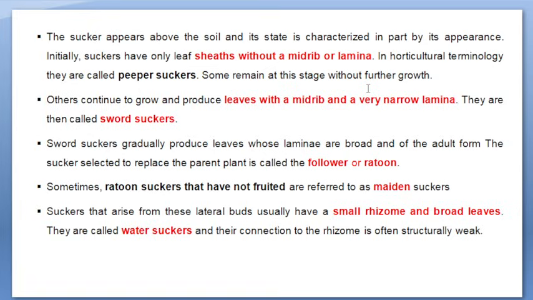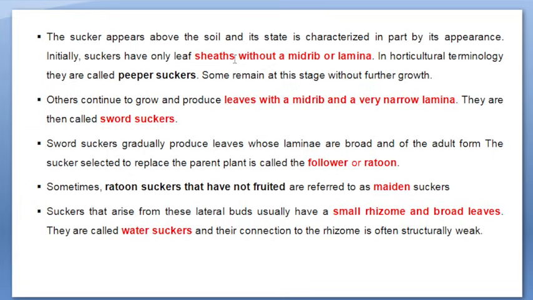You have seen water suckers and also sword suckers, but some other types of suckers are also present in banana, like sheaths, the leaf sheath without midrib or lamina. That kind of suckers we call in horticulture terms peeper suckers, and they will not grow further, the growth will be stopped.